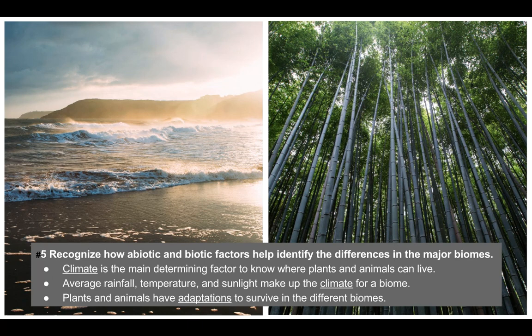Those days of not raining build up over time. Here in Knoxville, Tennessee, we usually have a kind of cold winter. We have fall. We have spring where it rains a lot. And then we have a summer when it's hot and humid. So we have a distinct biome.